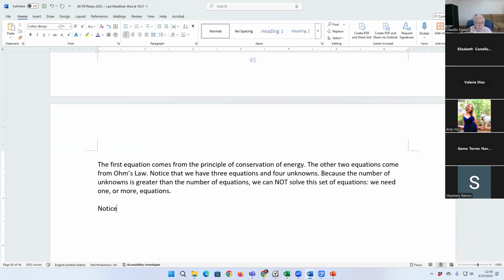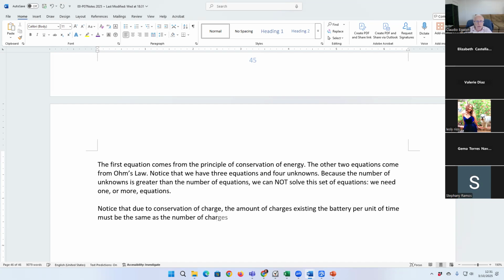Note that due to conservation of charge, the amount of charge exiting the battery per unit of time must be the same as the number of charges passing through either resistor in a unit of time.